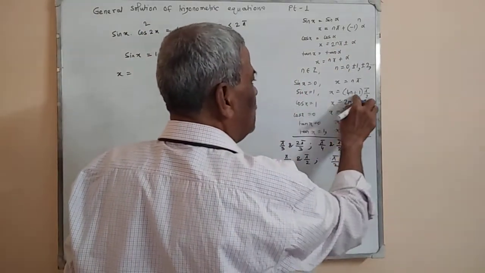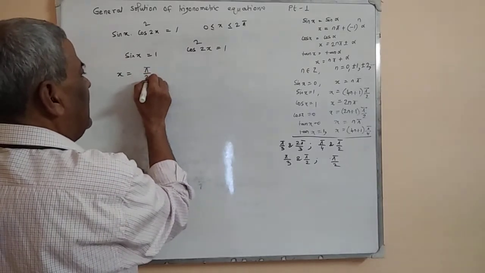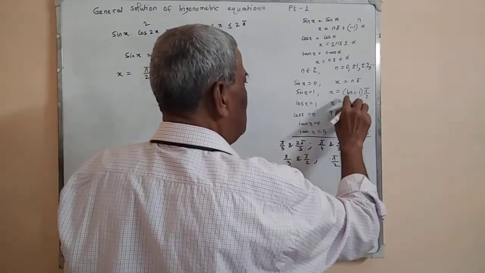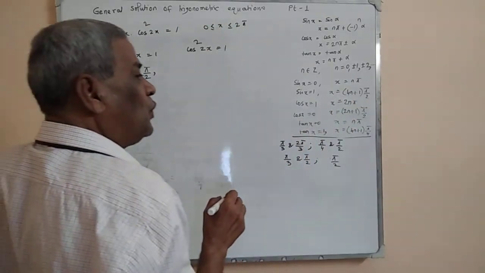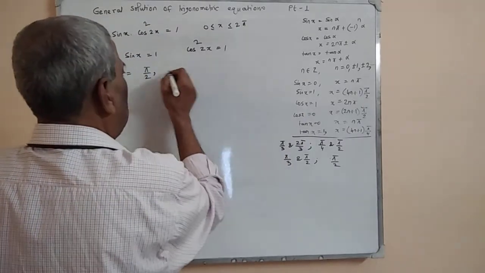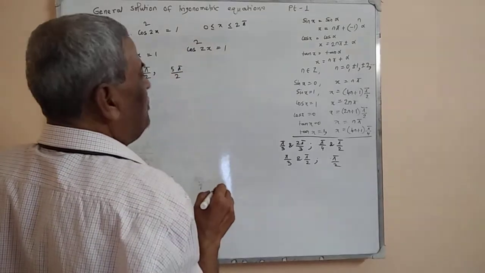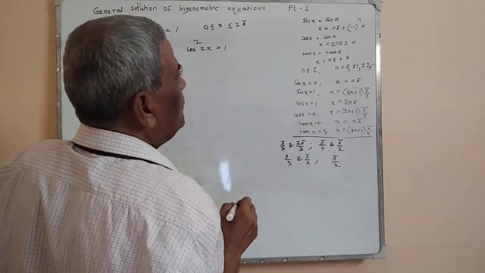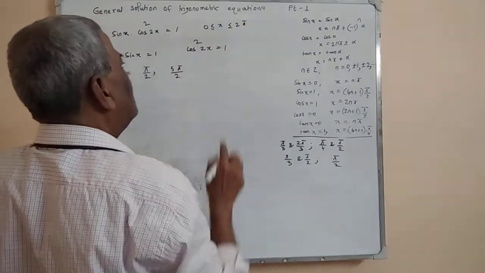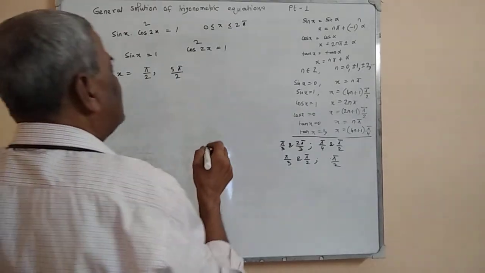So sin x is equal to 1 means x is equal to pi by 2 by putting n is equal to 0. Then put n is equal to 1, we get 5 pi by 2, which is actually not within the range.